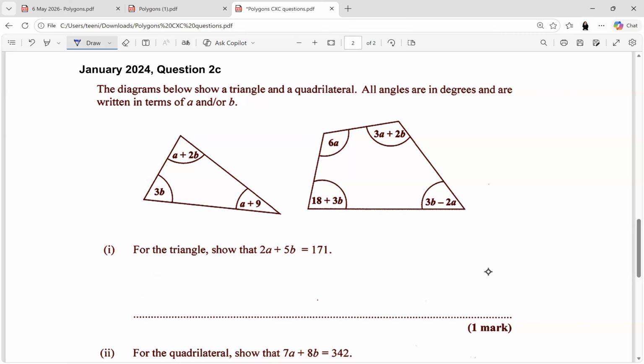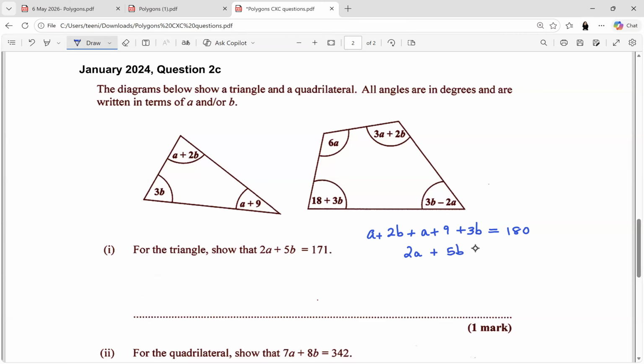So that would be A plus 2B plus A plus 9 plus 3B is equal to 180 degrees. All right, and I'm not going to put a degree sign. Good. Now I simplify by adding my like terms. So I have A plus A, which is 2A, and 2B plus 3B is 5B.